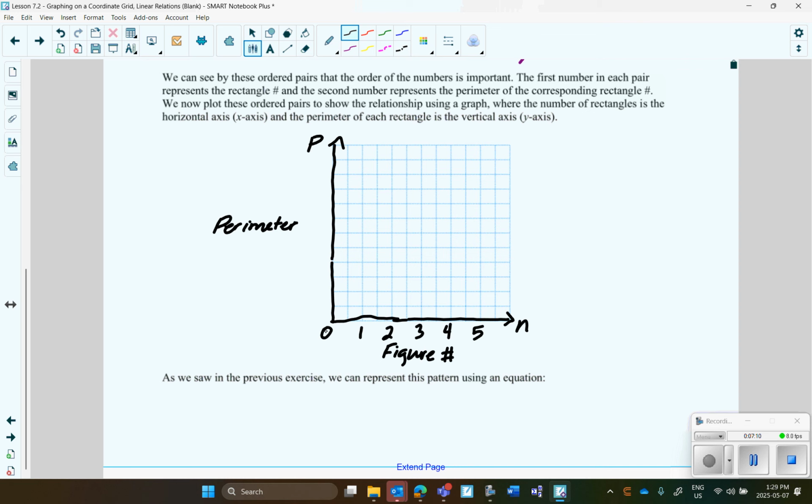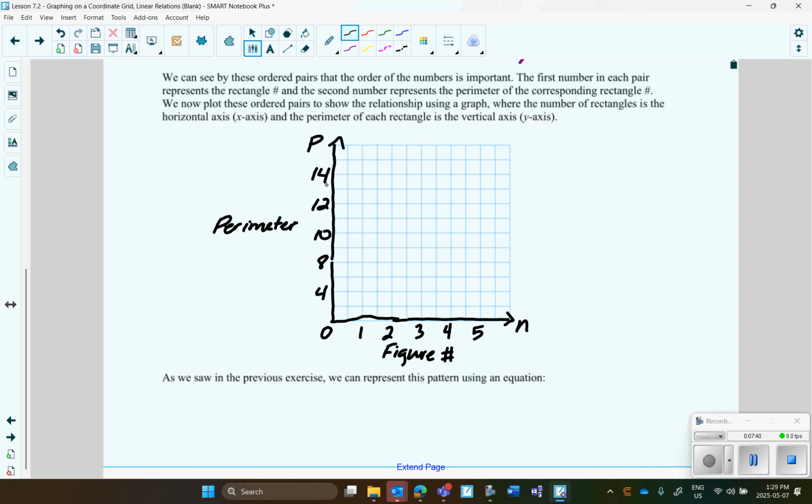So maybe what we do, let's say every grid line is 2. So 2, 4, 6, 8, 10, 12. Notice you don't have to write every single one. You don't have to write 2 here. You don't have to write 6 here.